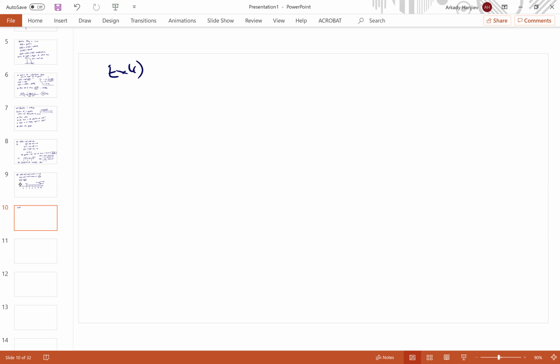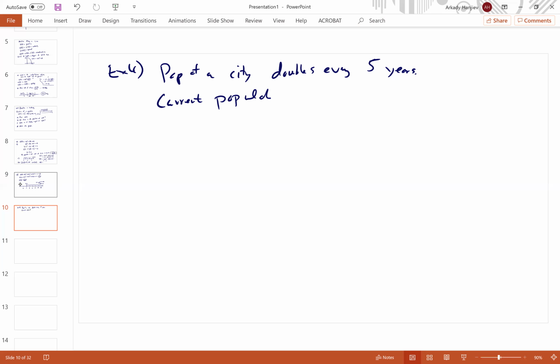So let's do this here. Population of a city doubles every 5 years. Current population equals 10,000 people.